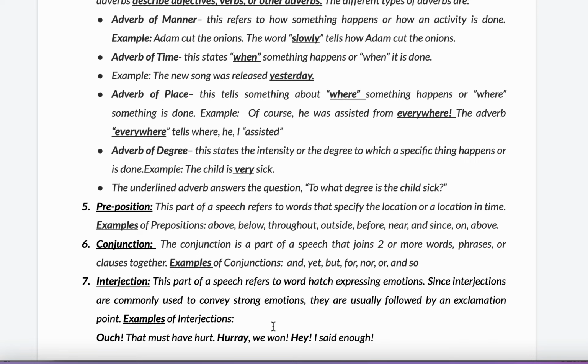For example, we say, ouch. Oh, ouch. That must have hurt. Or hooray. Ouch talks about a strong feeling; it means he or she got hurt. But hooray, we won. It's a celebration. When we celebrate, it reflects our strong feeling. Or hey, stop it. Hey.